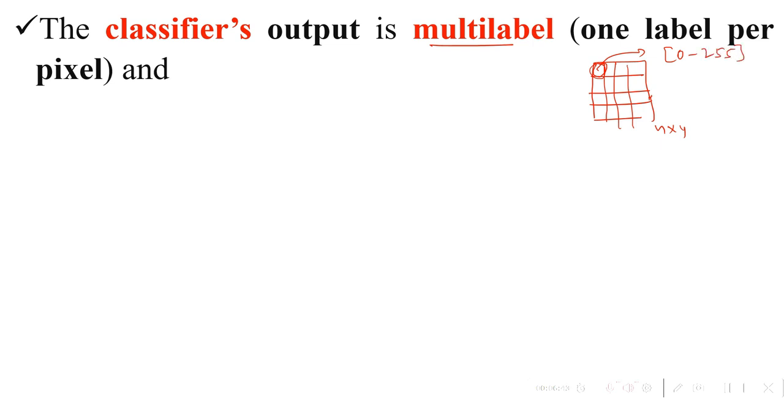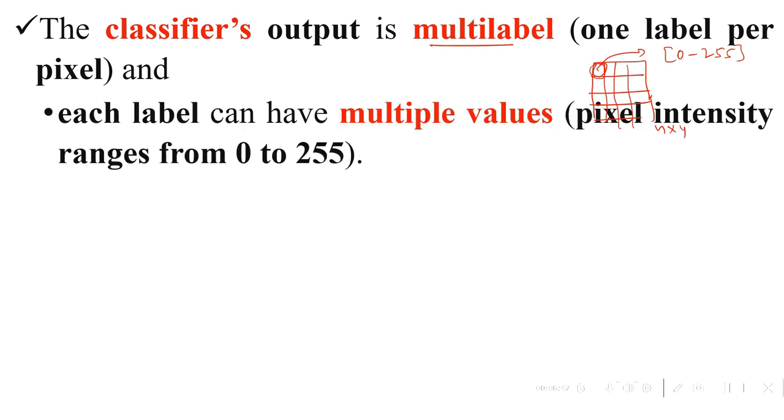This is called multi-label classification, and each label can have multiple values. Here each label contains different values between 0 and 255, so the pixel intensities range from 0 to 255.